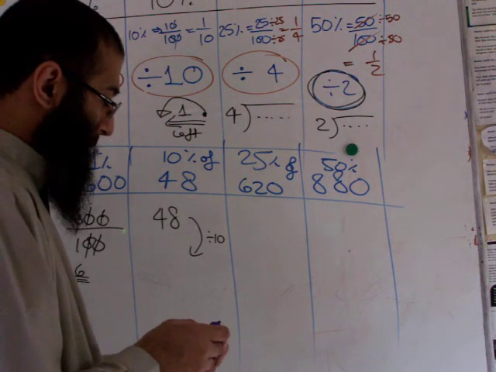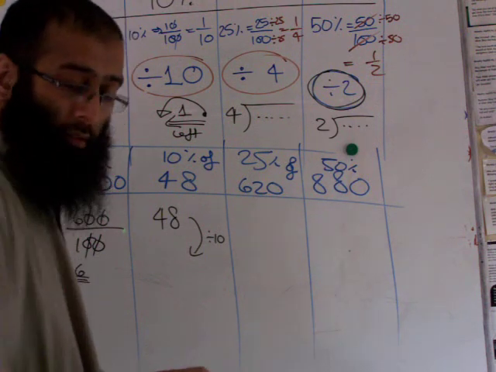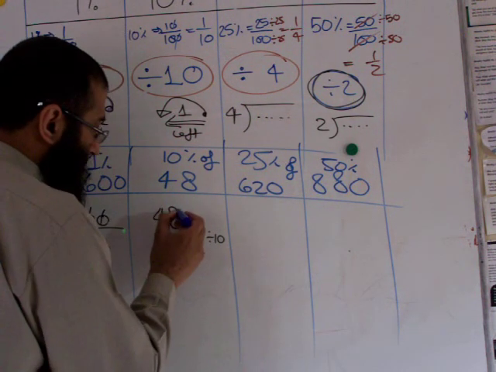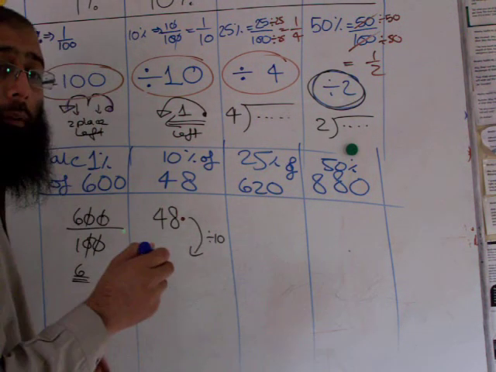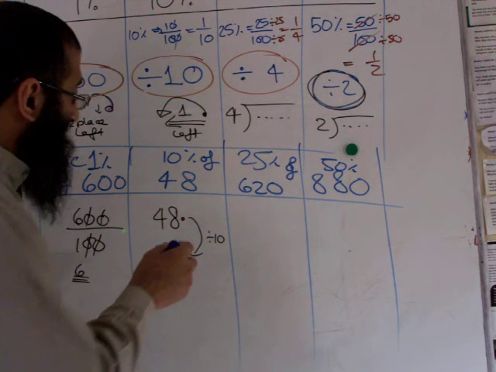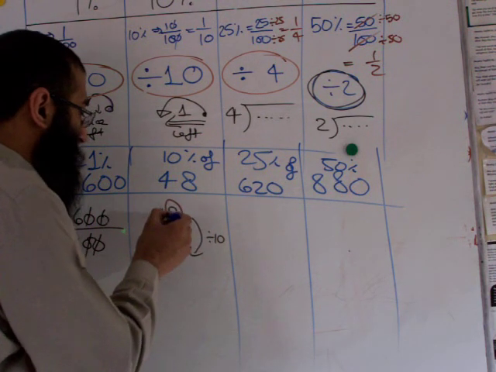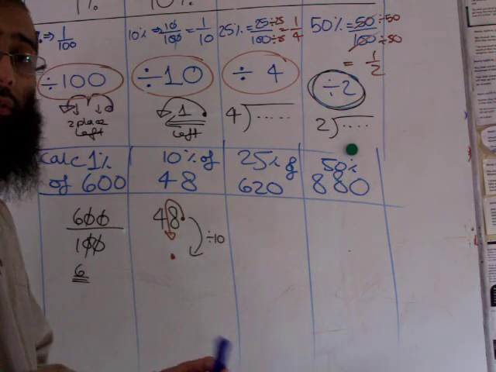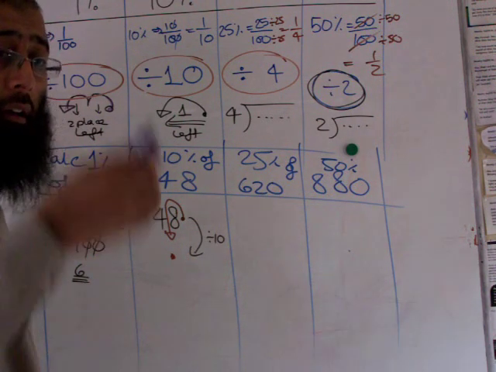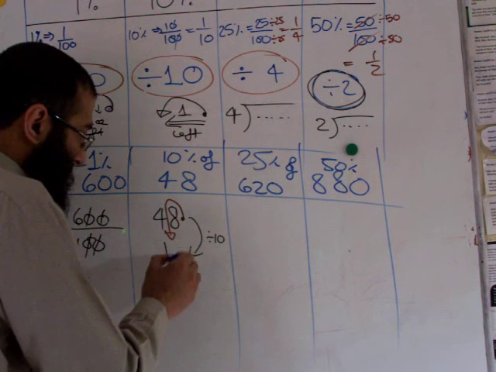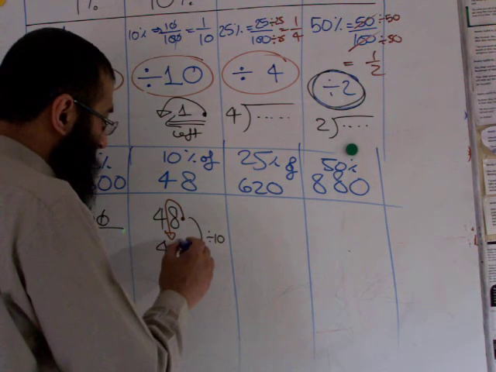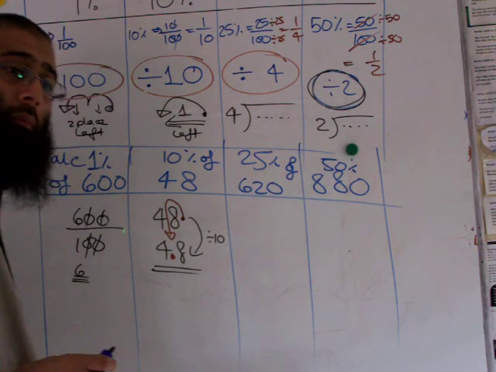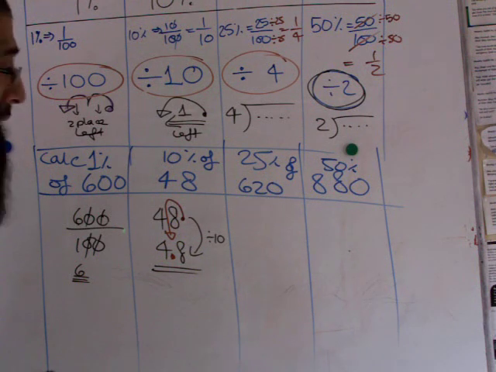The decimal point is at the end of a whole number. That's where it lives. So we put the decimal point in ourselves, we move the decimal point one place back to the left, drop it down, and that word which I've used quite often in this lesson is copy. Copy the numbers down. Copy the 4 under the 4, copy the 8 under the 8, and we're done. Done that? Happy with that?